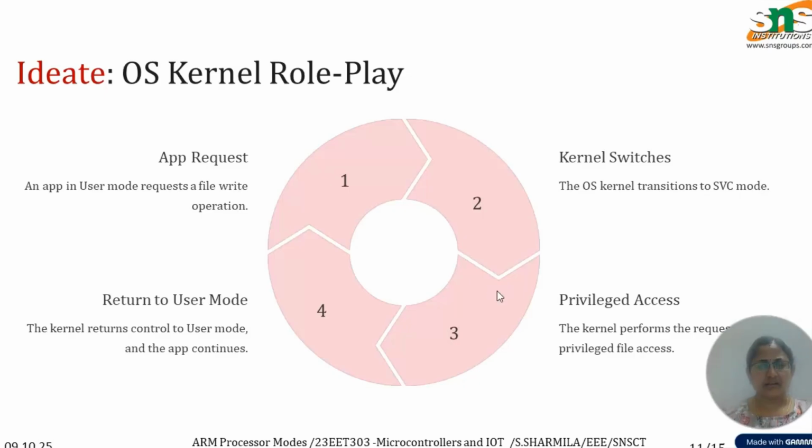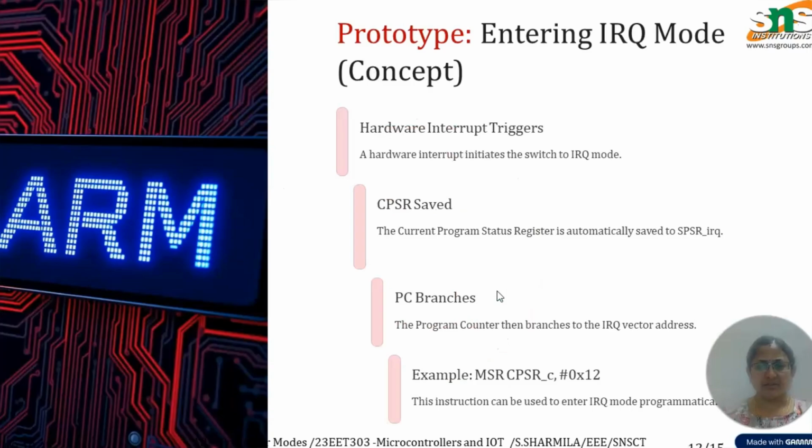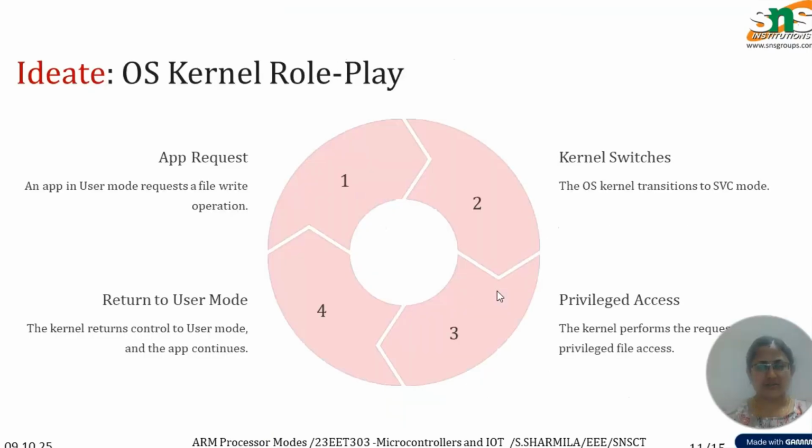The third step is privileged access. It is a privileged mode, and it performs the actual disk write. Fourth, it returns control to user mode and the app continues, completely unaware of the privileged operations that just occurred on its behalf.